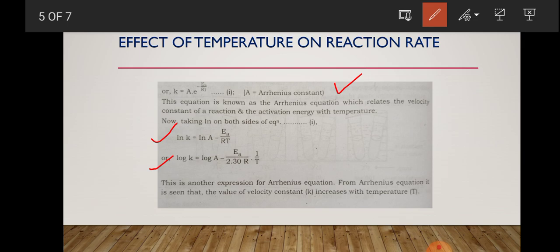This is another expression for the Arrhenius equation. From the Arrhenius equation, it is seen that the value of the velocity constant, that means k, increases with increase in temperature.